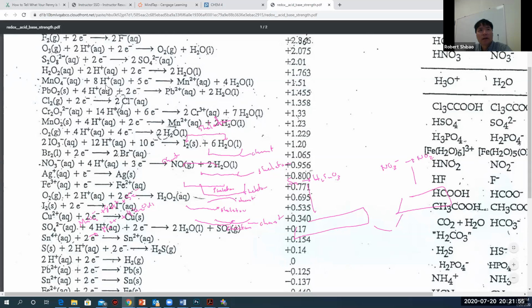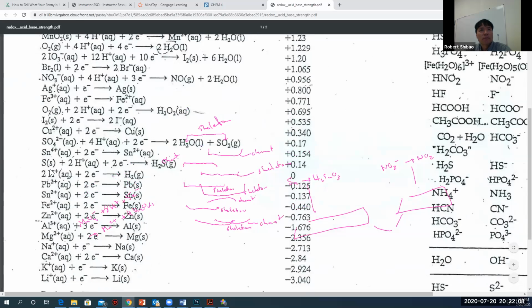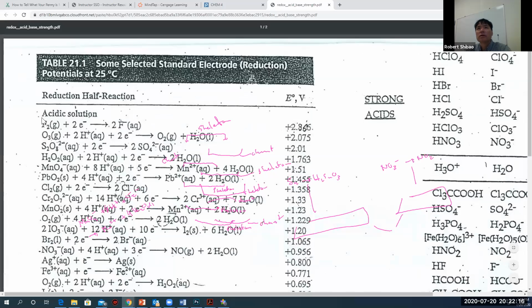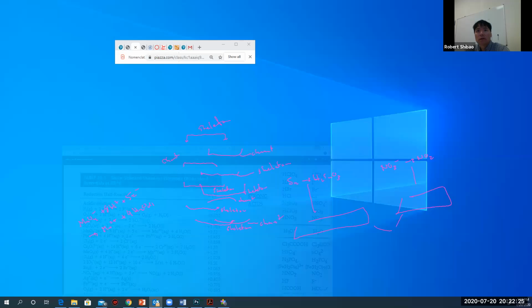Plus 8H pluses plus 5 electrons yields Mn2+ plus 4 waters. This is the one you should use. I don't know what happened with that chart. They screwed it up. Here we have copper and copper 2. That's the one we need, not copper and copper 1. Okay, let's go back to what we're looking at. So this is on Piazza, this chart.